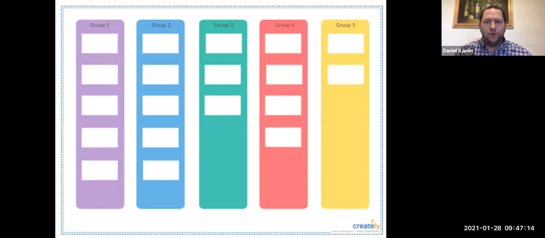So group 1, group 2, group 3, group 4, group 5. Now, each of the groups should have a name attached to it. Whatever makes them similar is what gives that group its name.